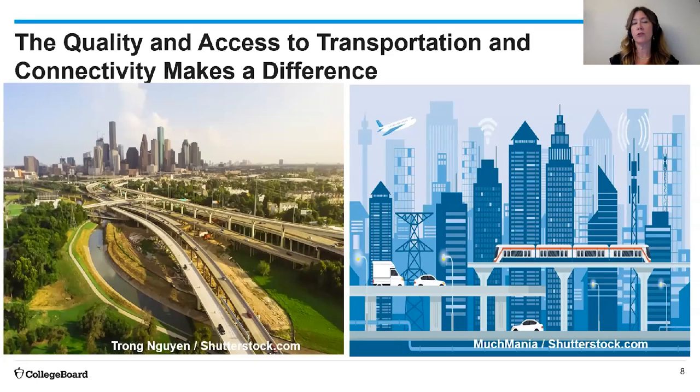If a business is going to come into a city, they're going to be looking for really good connectivity. They are going to be looking for good transportation infrastructure, not only for the economic part of the business, but also for its employees. So quality and access to transportation and connectivity really makes a difference. And who wants slow Wi-Fi?